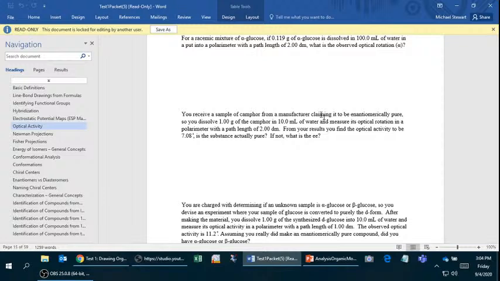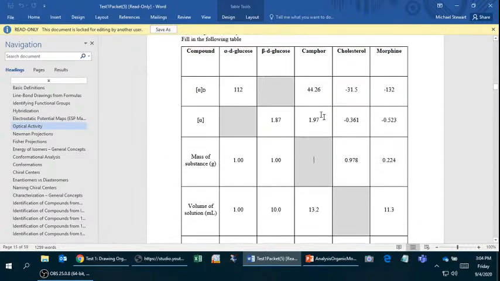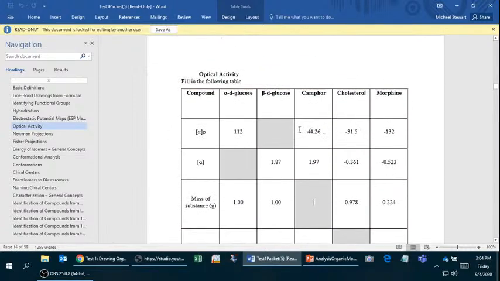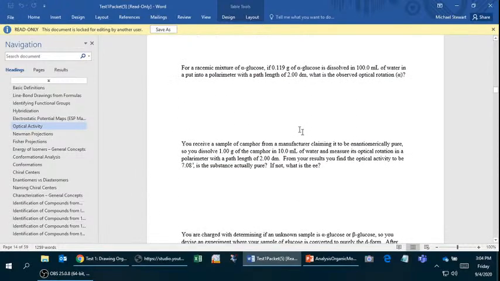So this is not an enantiomerically pure material. The 7.08 is implying that it's not enantiomerically pure.